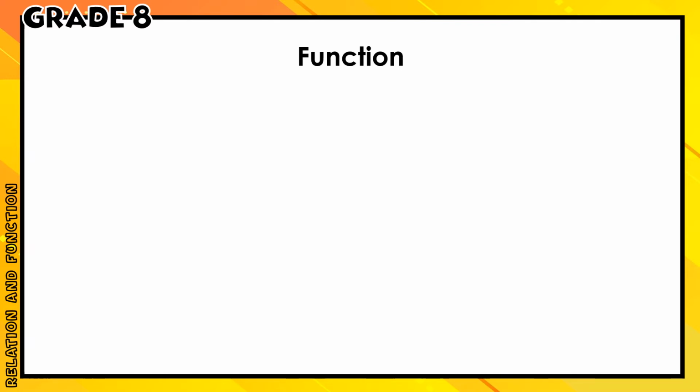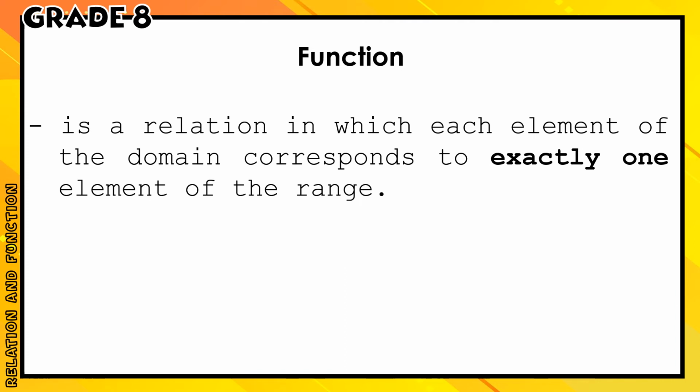Okay, let's now have the word function. Function is a relation in which each element of the domain corresponds to exactly one element of the range. Sa madaling salita, dapat yung domain daw natin ay nakapartner lang sa iisang element ng range. Ibig sabihin, bawal maulit ang domain.